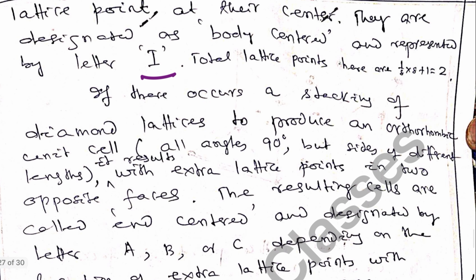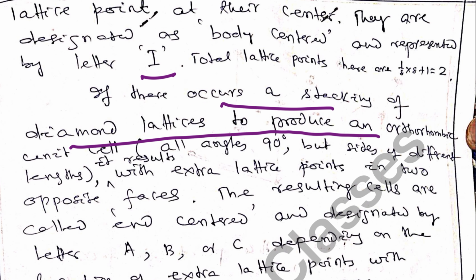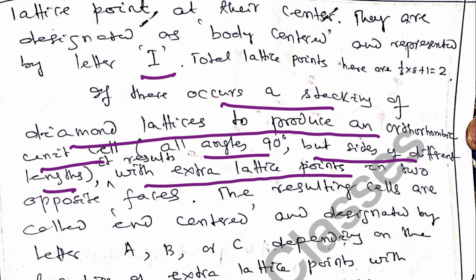Designated by I. If there occurs a stacking of diamond lattices to produce an orthorhombic unit cell, all angles 90 degree but sides of different lengths, it results in extra lattice points in 2 opposite faces.